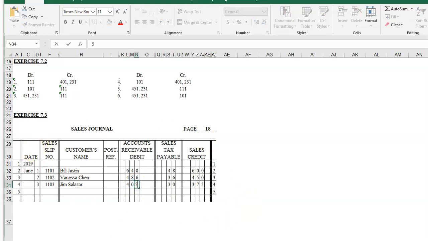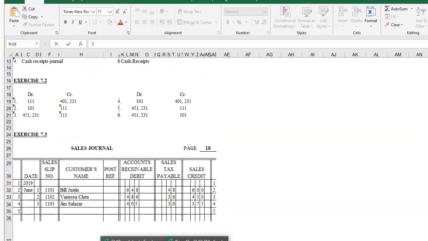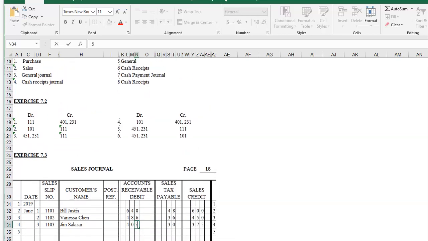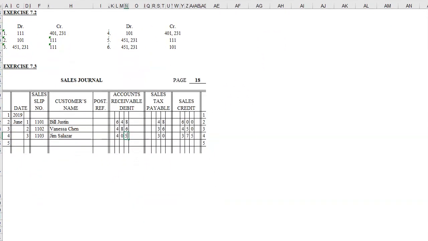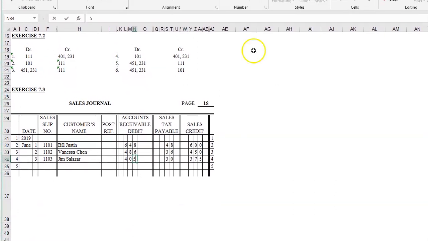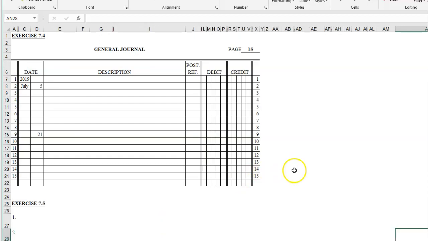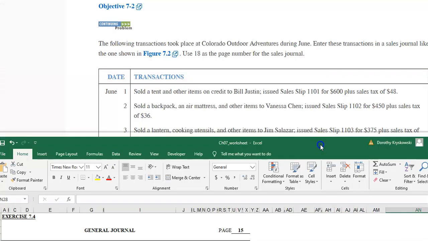And now we've just done 1 through 3. Let's see if we can go on to the next page. 7.4, General Journal.